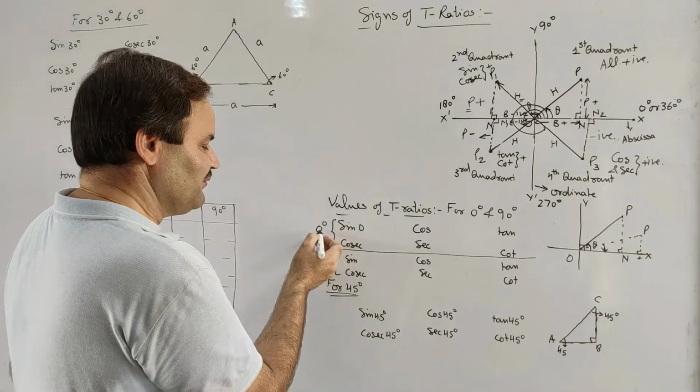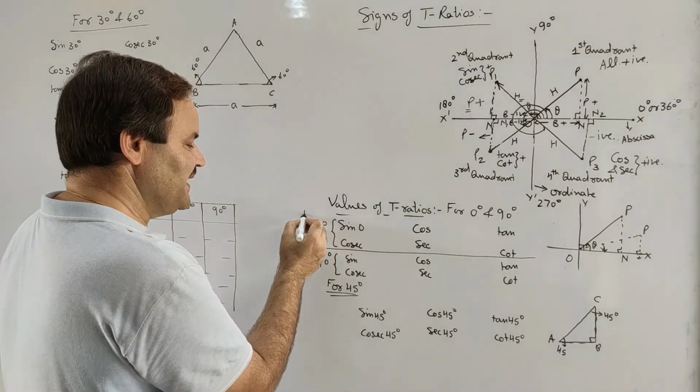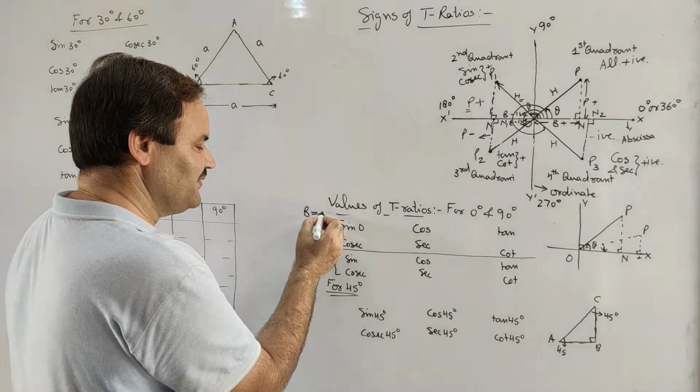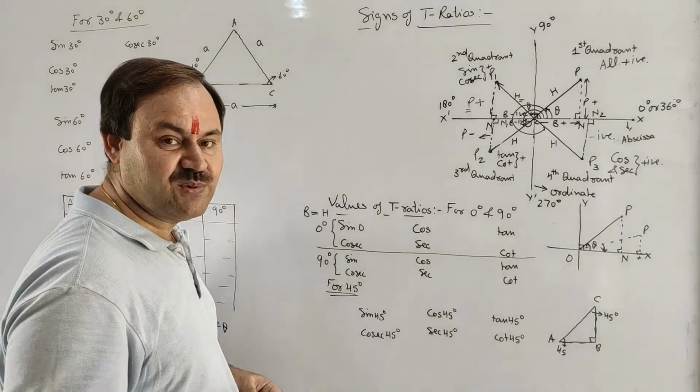It means for 0 degree, base of the triangle will become equal to hypotenuse.